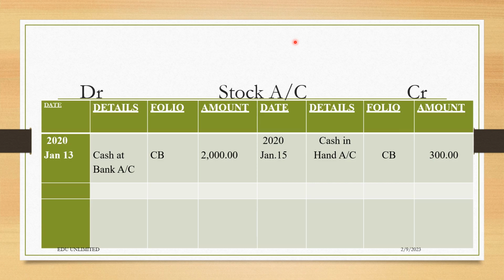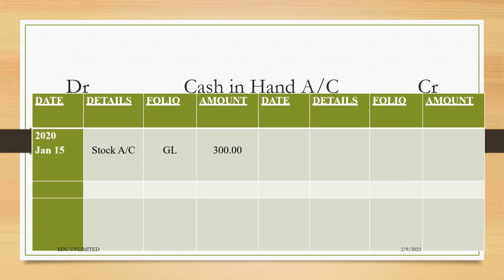Our next step would be to look at the cash in hand account. The cash in hand account is also an asset account. It is a current asset, just as the cash at bank account. So that to increase an asset, we will debit the asset account.